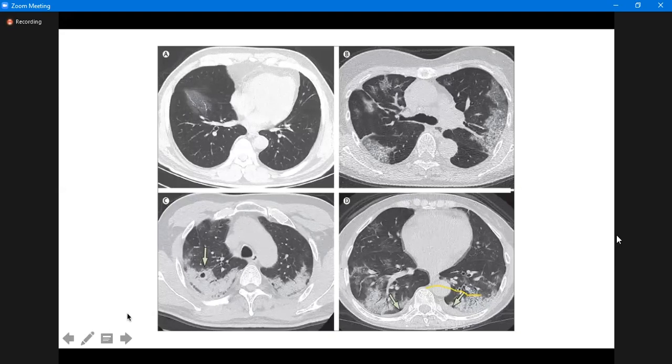So the radiological features could vary, but mostly they are subpleural, they say. So in lieu of physical signs, I will just show a few pictures. So this is COVID pneumonia. It could be not only consolidation, ground glass, interstitial, any feature could be there, but an effusion is not common. Effusion is an uncommon finding.